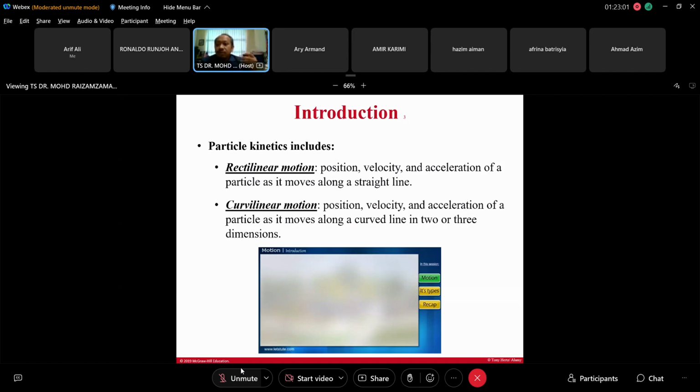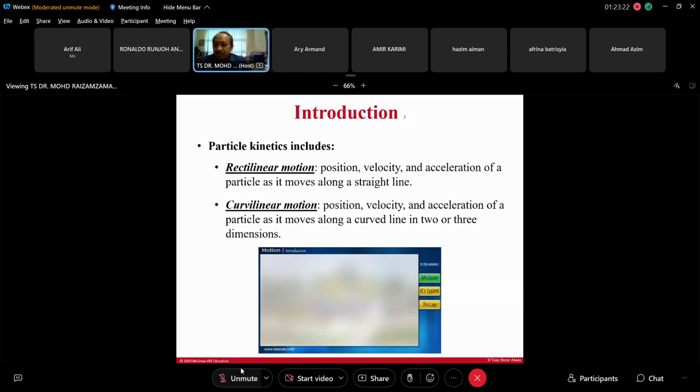The position, velocity, and acceleration of a particle as it moves along a curved line, either in two or three dimensions. So that's what we call curvilinear motion. Moving along a curved line is curvilinear. Moving along a straight line is rectilinear motion.